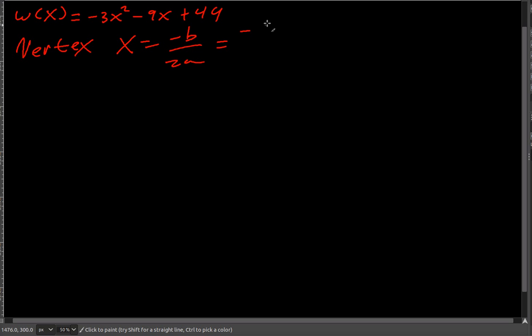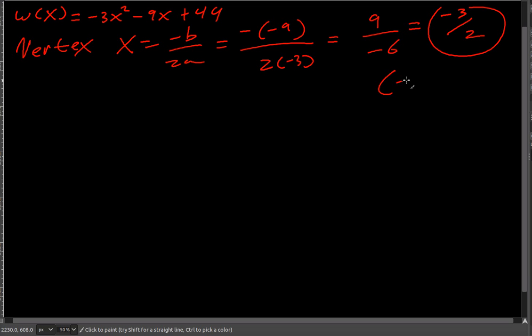We already have negative 9, so be careful to use parentheses. 2 times negative 3, so this is 9 over negative 6, and that's negative 3 halves. Well, that's the x value. That's also the axis of symmetry. But what is the y value?